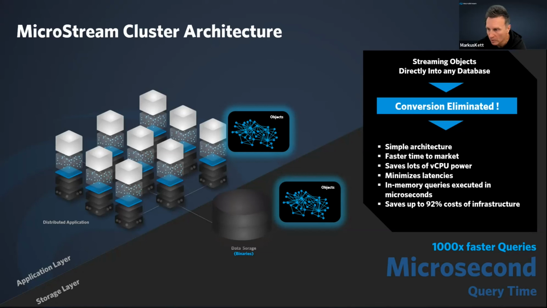So the problem is nobody wants to do that in practice. It's more convenient to have a solution that works automatically, and this is the reason why we created MicroStream cluster. It provides the complete architecture and infrastructure for you, also starts the infrastructure, the machines you need, so that you don't have to deal with all this cloud stuff.